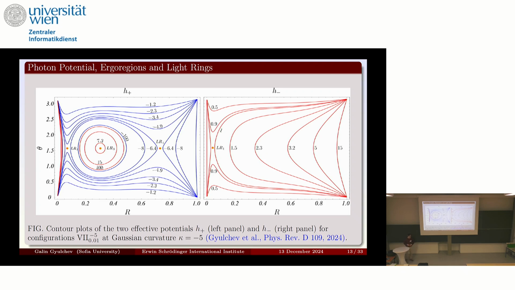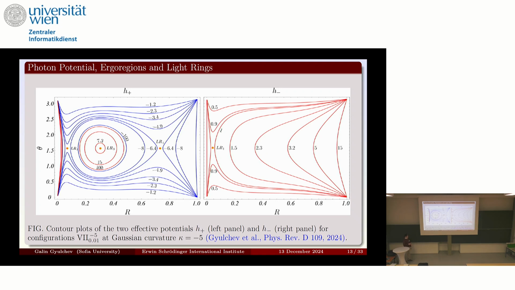because of the local maxima of this potential, when we have the opportunity to observe light rings, and because this potential depends on the whole variety of values of theta and r, where r is the unit dimensionless coordinate, we can see really where exactly there exist stable or unstable light rings.